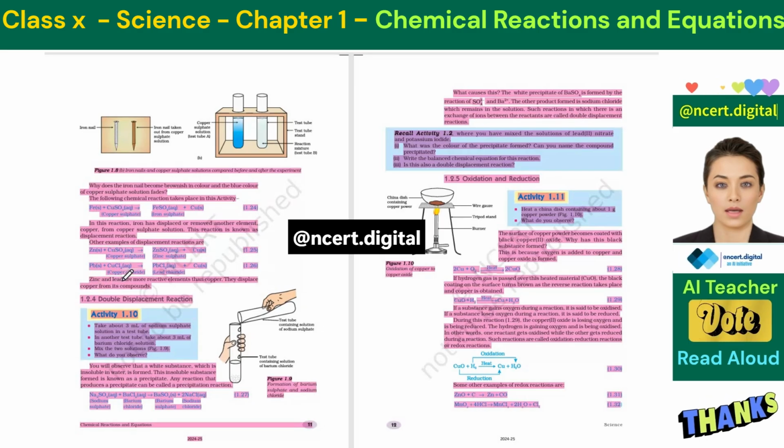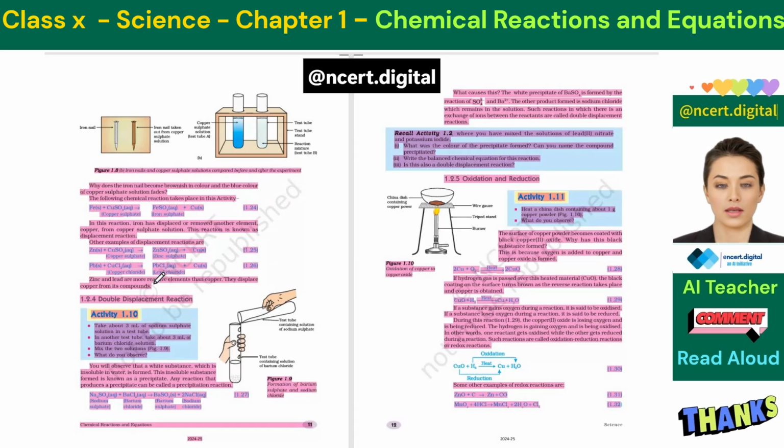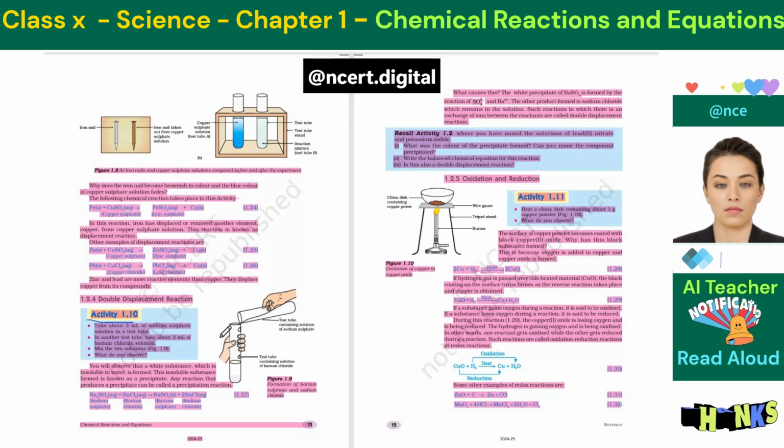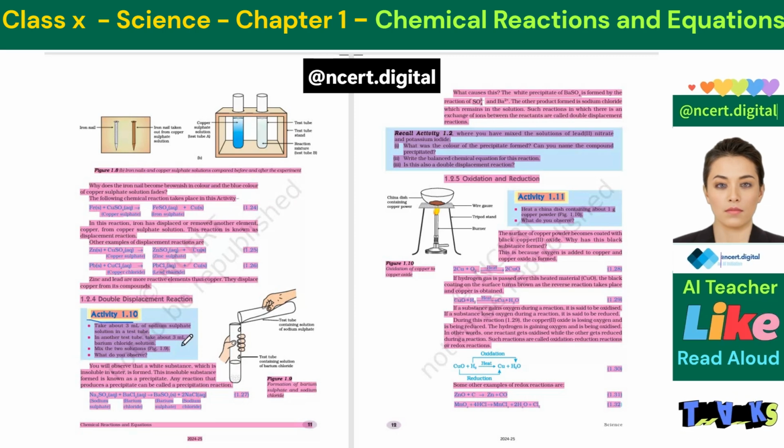Zinc and lead are more reactive elements than copper. They displace copper from its compounds. 1.2.4 Double displacement reaction. Activity 1.10. Take about 3 milliliters of sodium sulfate solution in a test tube. In another test tube, take about 3 milliliters of barium chloride solution.